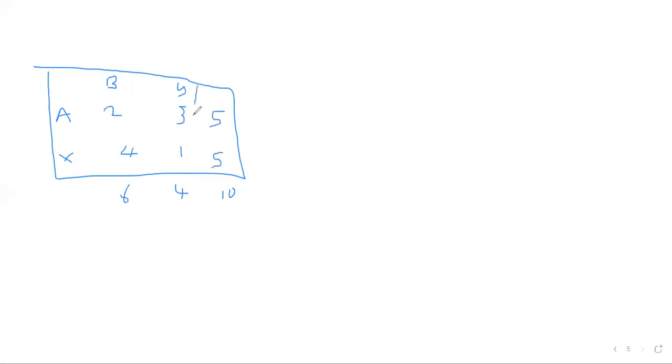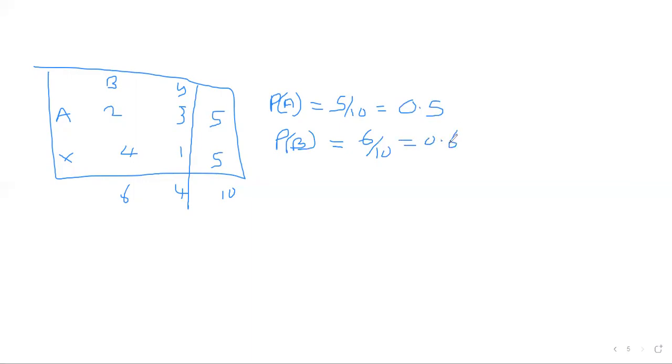What is the probability of A? It's the total for A over the grand total. So A, it's 5 out of 10, which is 0.5. About B, we go to the total for B, which is 6 out of 10, which is 0.6.